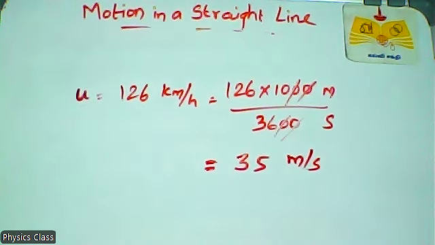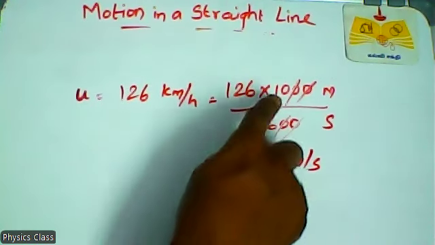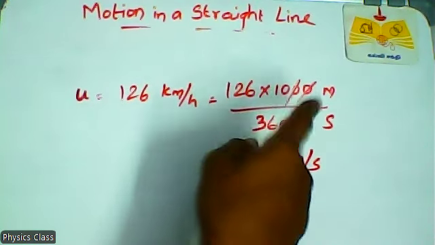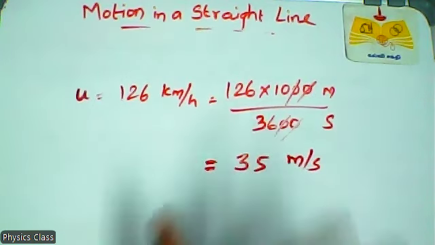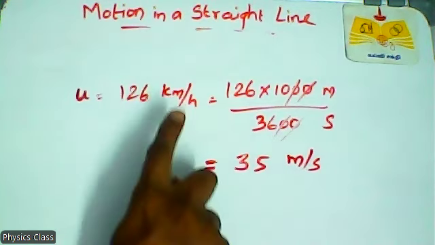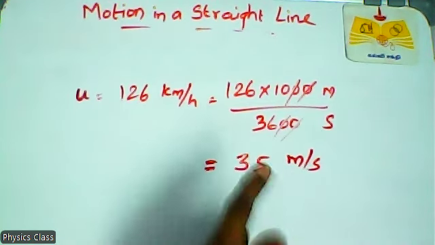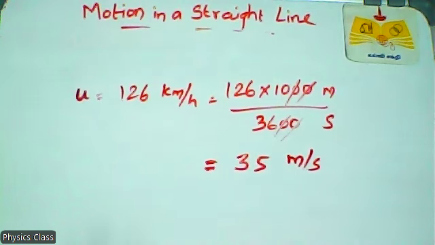So 35 meter per second. You can cancel out in terms of 5 or 2. So 126 kilometer per hour in terms of meter per second is 35 meter per second. So we have u.